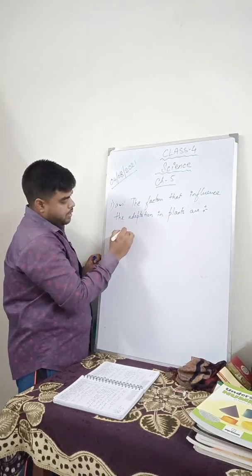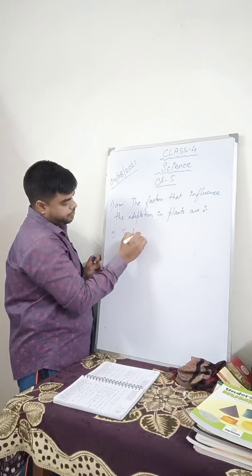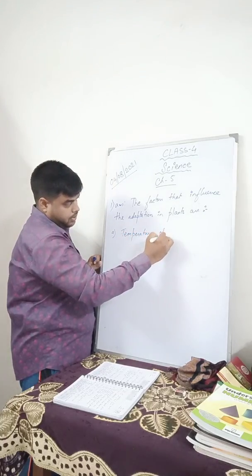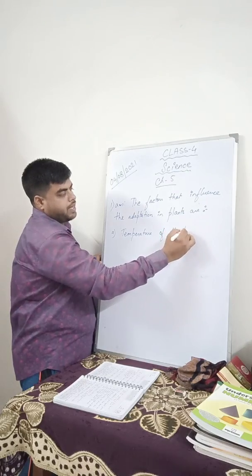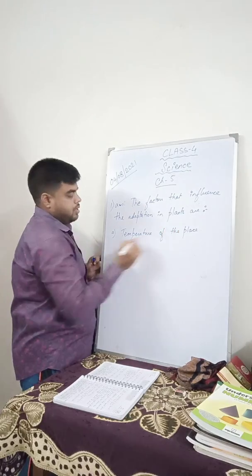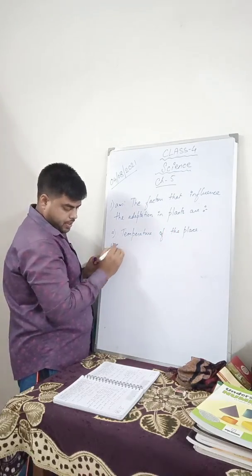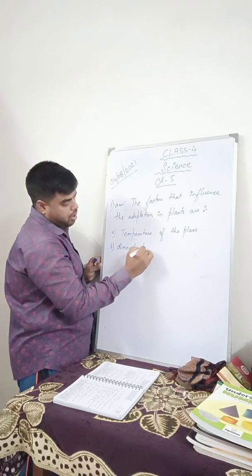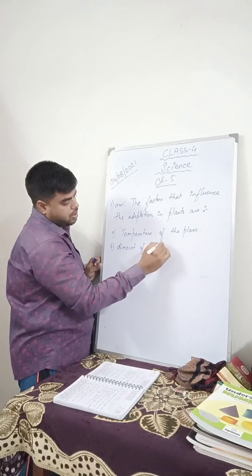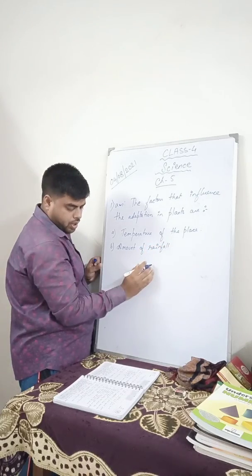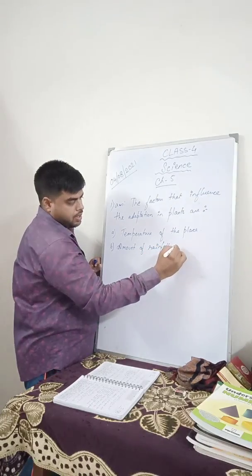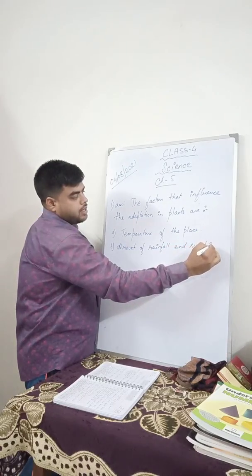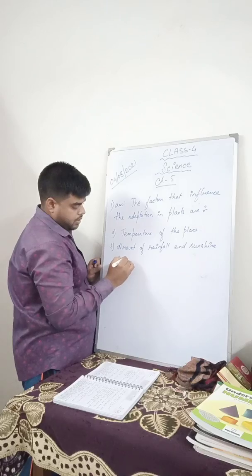Number one, temperature. Temperature of the place. Number two, amount of rainfall, and sunshine received.